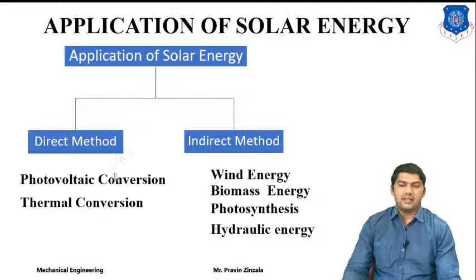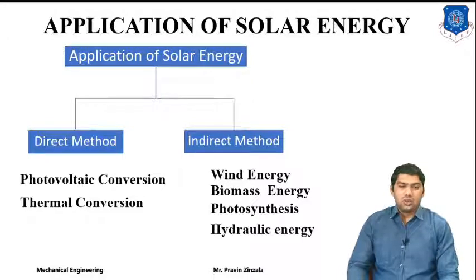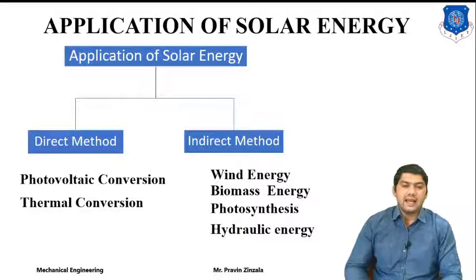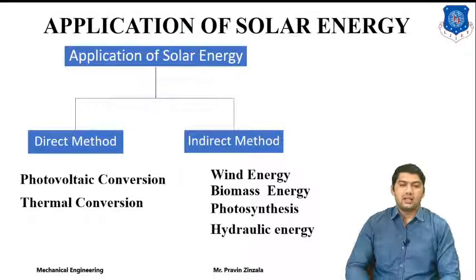If we utilize it directly, it's called direct application: photovoltaic and thermal conversion, meaning conversion of solar energy into heat. Indirect means we utilize solar radiation indirectly, like wind energy. And we can also say that all renewable energy is one type of indirect energy of solar energy.